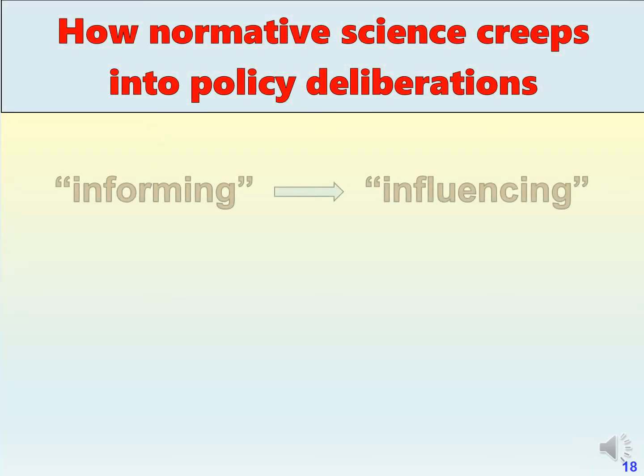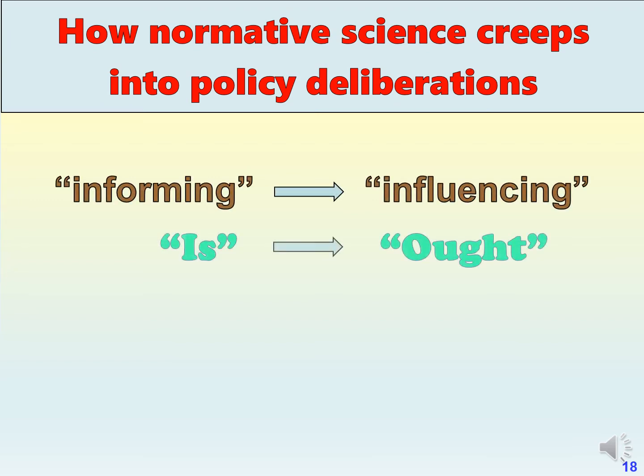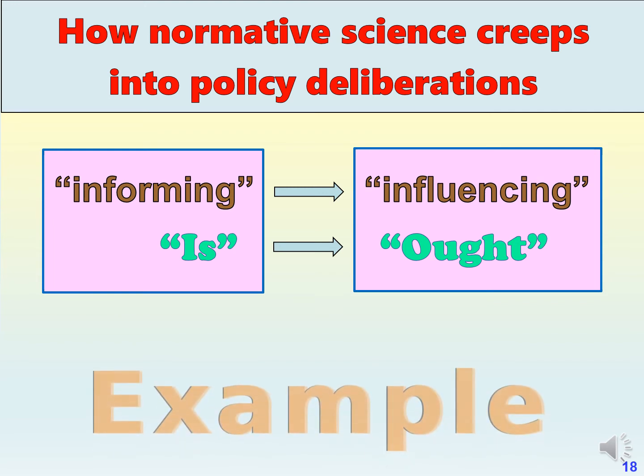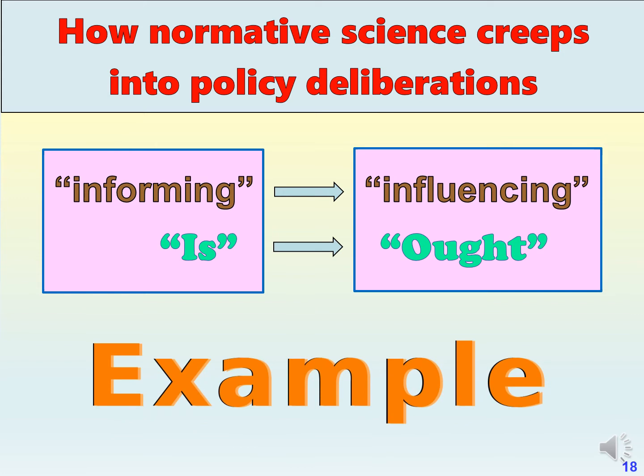Well, how does normative science creep into policy deliberations? It really goes back to the Philosophy 101 issue that science deals with is, and policy making, decision making deals with ought or should. So how do you go from an is, which is what science deals with, to the ought, which is what policy making deals with?